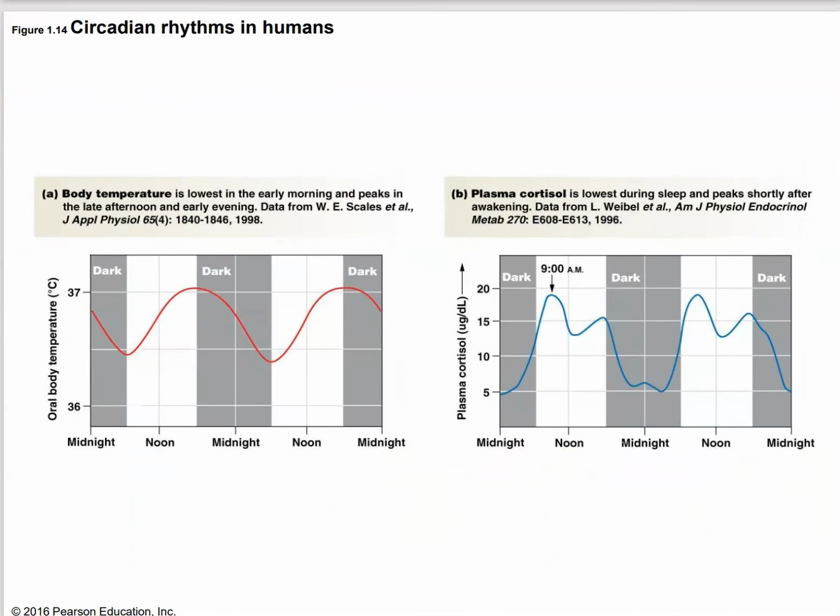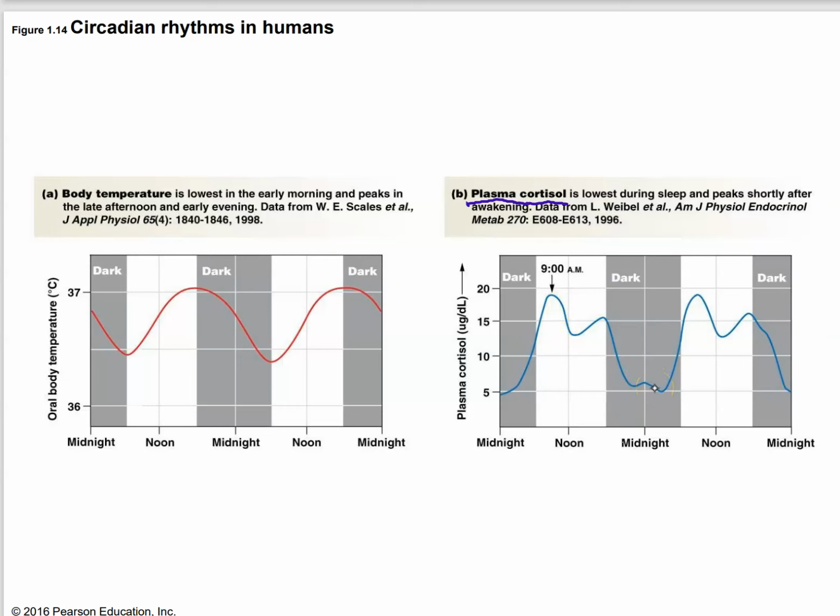And so here is a diagram that shows you, I like the plasma cortisol concentration here. So this here is your stress hormone. If you have cortisol in your blood, you have a little extra sugar, you get going, you're active. So not surprisingly, the cortisol levels are higher in the morning when you're active, when you just got up, and then when it's dark in the evening, they should be lower.